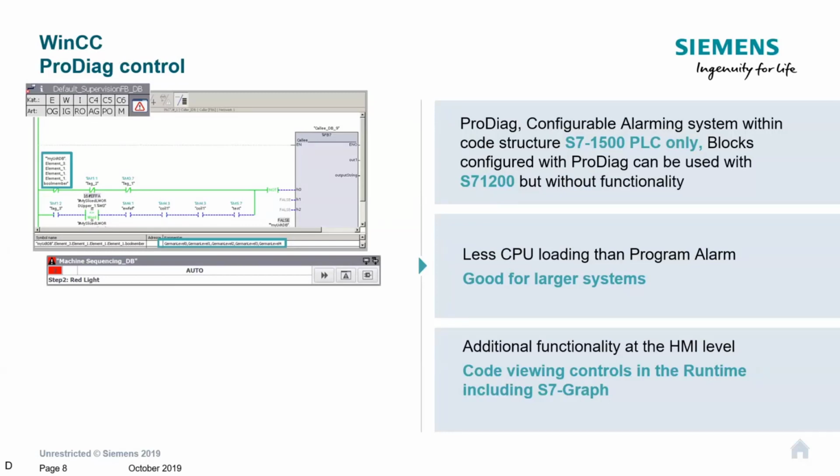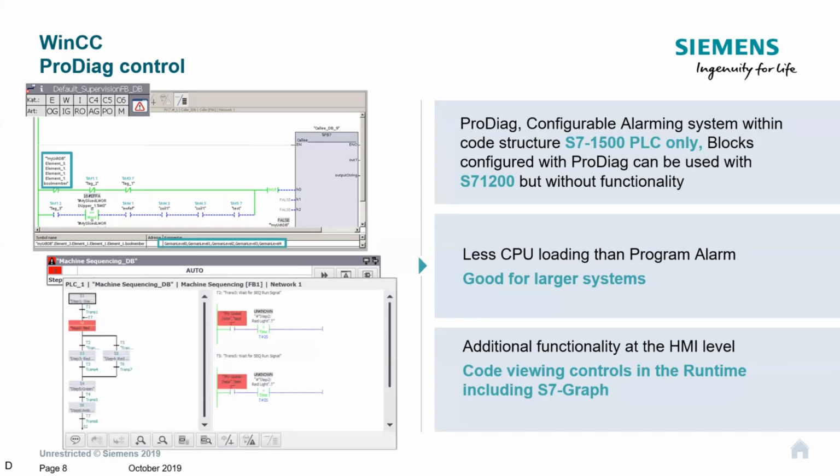So we can see what step we're in, where we're up to. But again, we get this great information where we can see here on the left-hand side our whole sequence, where we're at in the sequence, and also we can define that if we're in this sequence for too long, then we can make this an error and generate an alarm. When we click on that alarm, we can then open up the code in the right place.